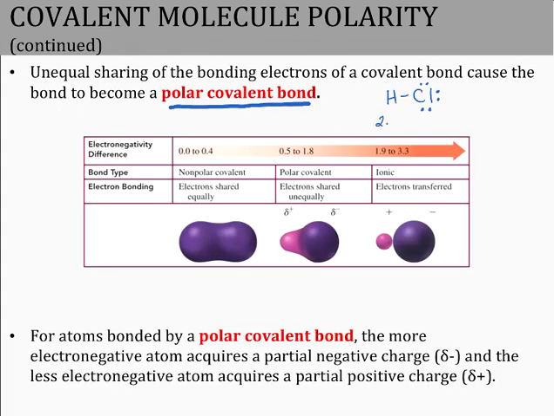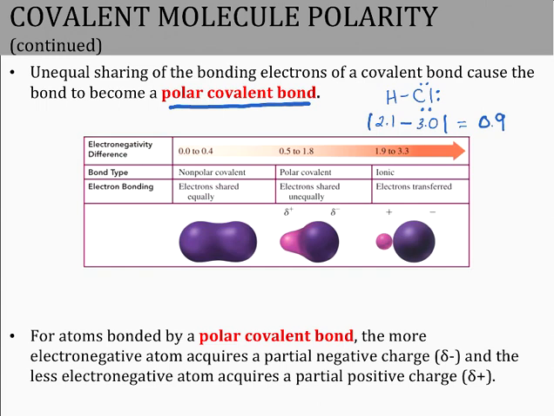So hydrogen had a value of 2.1, chlorine has a value of 3.0. So we're going to take the absolute difference of these two values. So 3 minus 2.1, so that should give us 0.9 as our difference in electronegativity.